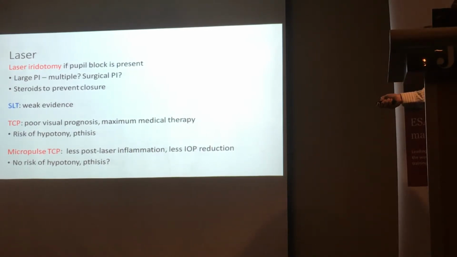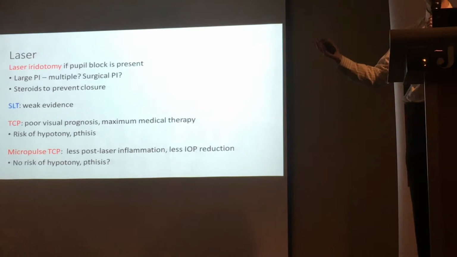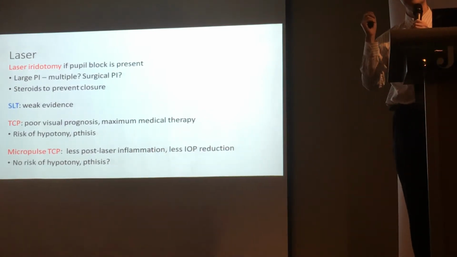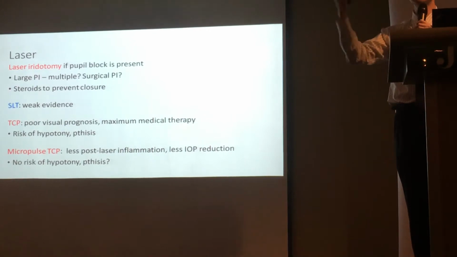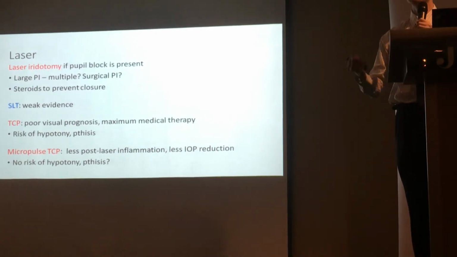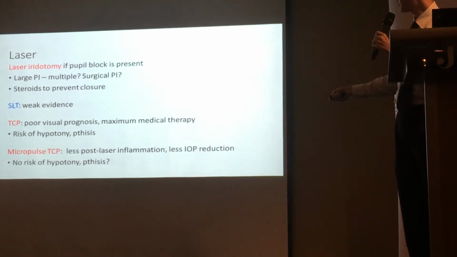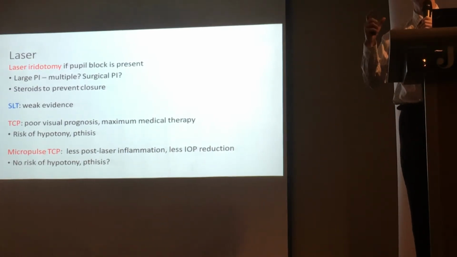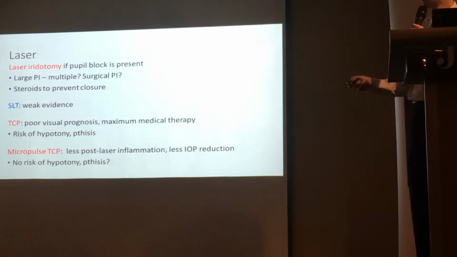But the nice thing is that the inflammation is less and it doesn't last so long. With TCP, the inflammation can last more than 3 months. You're still on Pred Forte, of course a tapered dose. You might still be on atropine, and you're still seeing cells floating around. There's still mild flare. But with micropulse TCP, within, I would say, a week or 2 weeks, the eye is much, much quieter.